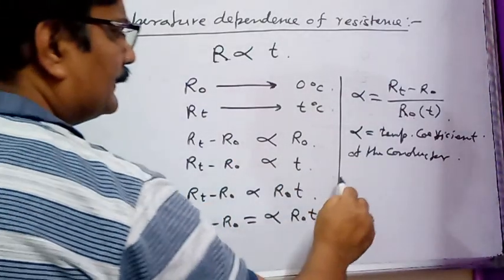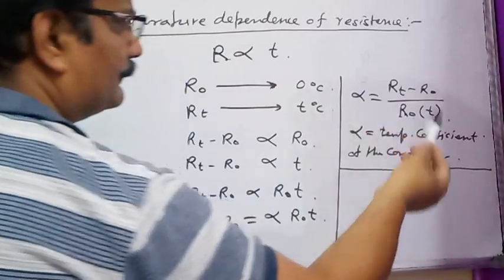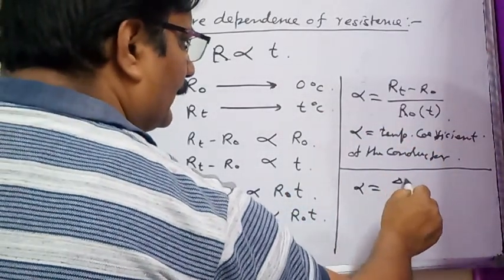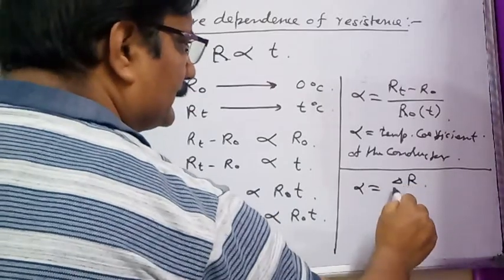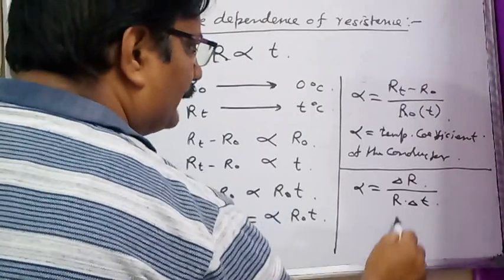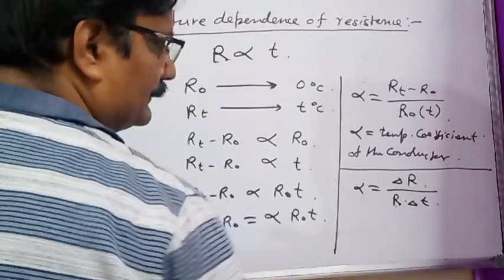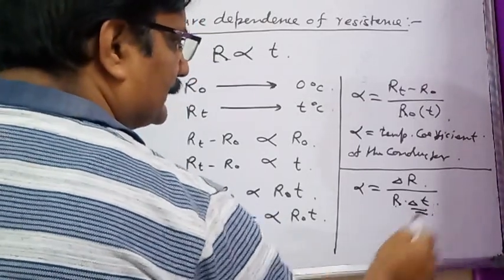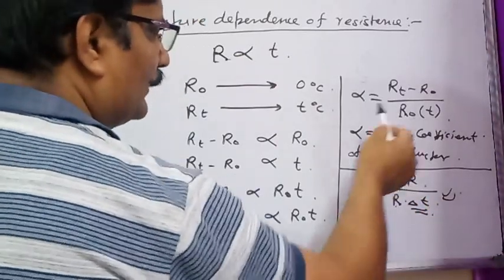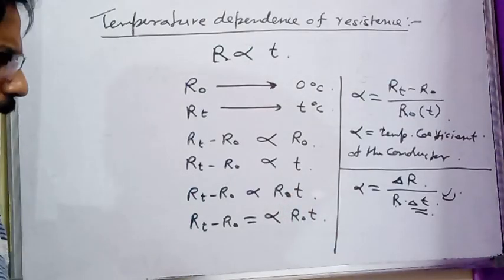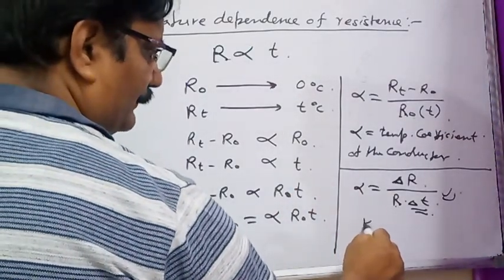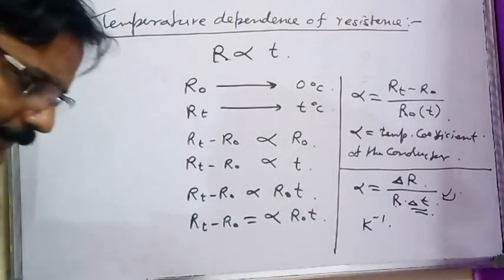If increase in the resistance is written, suppose, delta R, in that condition alpha can be written as delta R, that is increase in the resistance, divided by R into delta T, where R is original resistance, delta T is rise in temperature, and delta R is increase in the resistance, and unit of alpha in the SI system is Kelvin inverse.